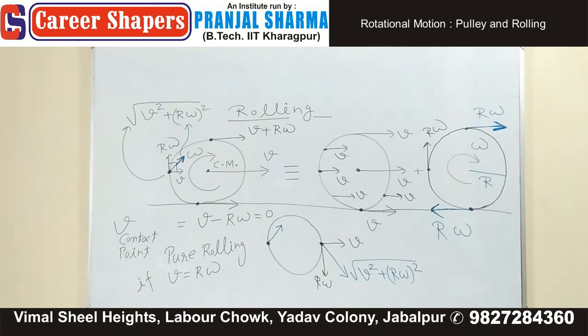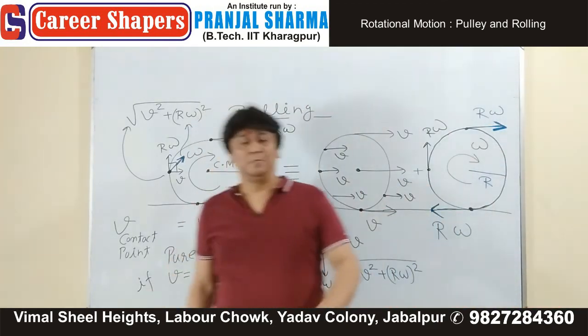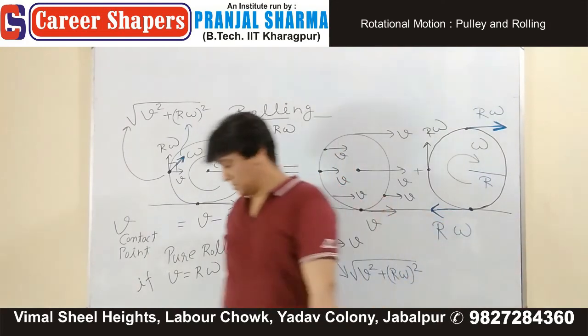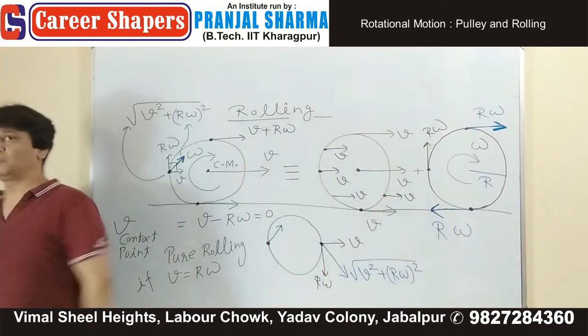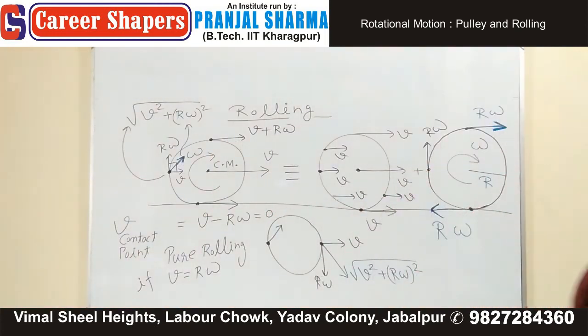For pure rolling, I am saying that V must be R omega. Must be means it may not be in certain cases. But in circular motion, we know that V is always R omega. So what is the problem? What is the confusion? How do we remove this confusion?